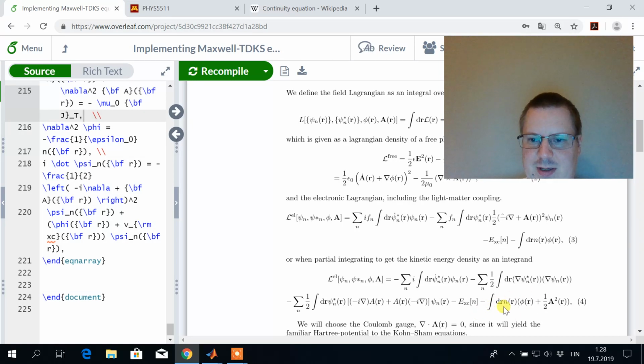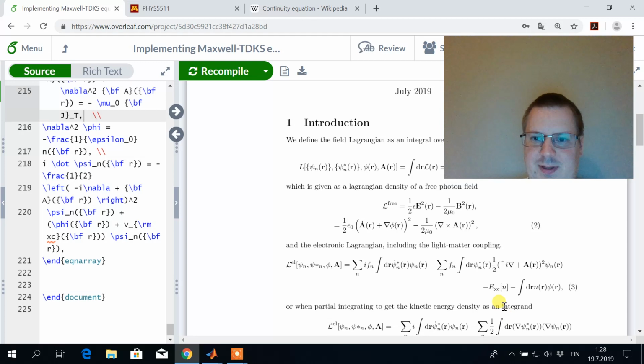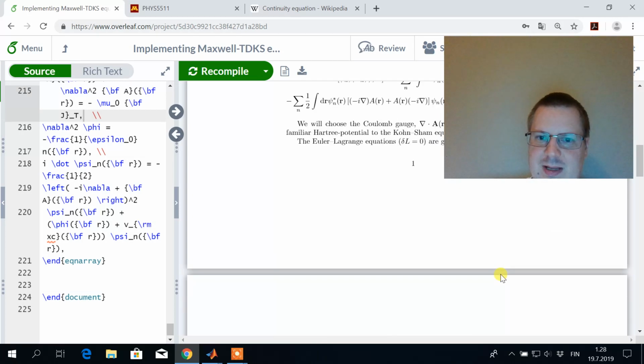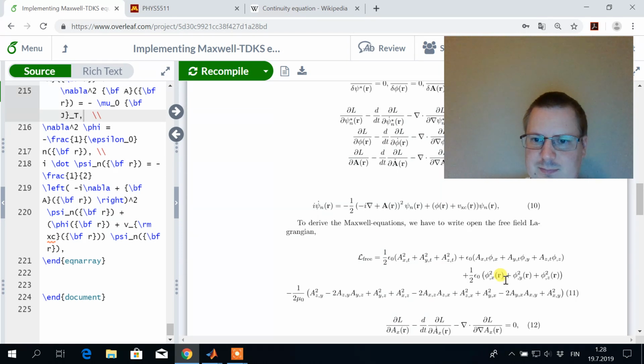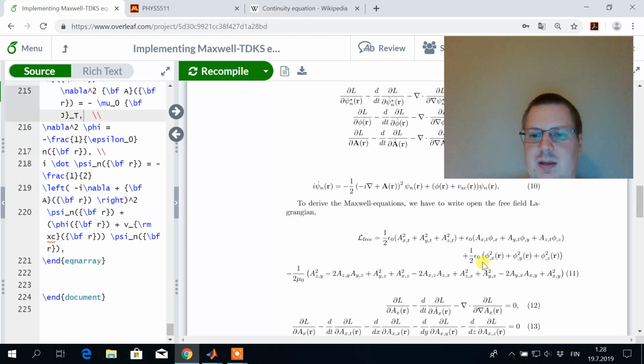Now on the other hand, you have here in the free part, you will end up having phi squared in this and nabla squared, and here's 1/2.